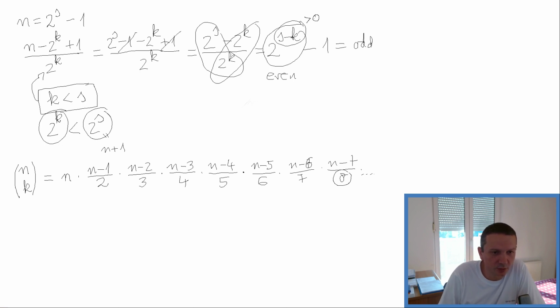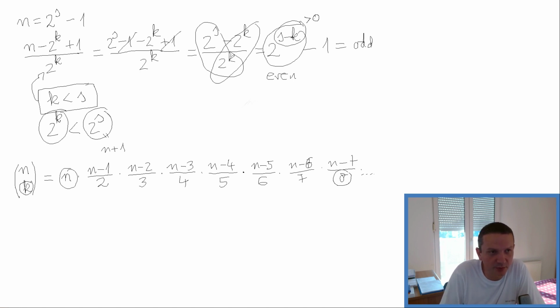So how to conclude that this guy is odd? We know from combinatorics that this is always a whole number, because this is the number of choices when we choose k subjects from n ones, but how to conclude that this is odd?